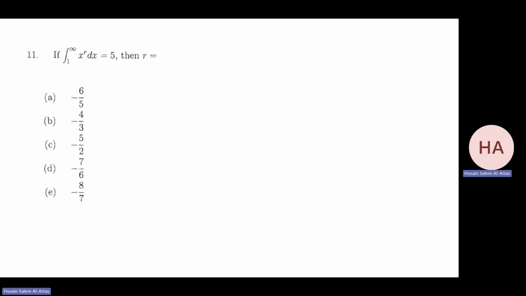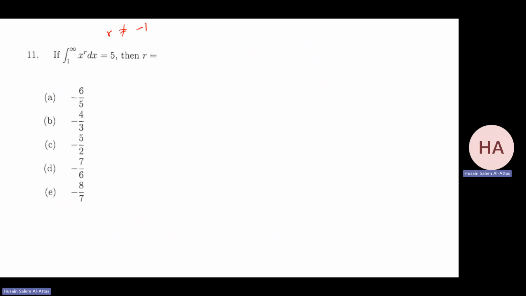If this integral is equal to 5, find r. Okay. First, for sure, r is not equal to minus 1. Why? Because otherwise I will get ln, which will go to infinity, and so it will diverge.